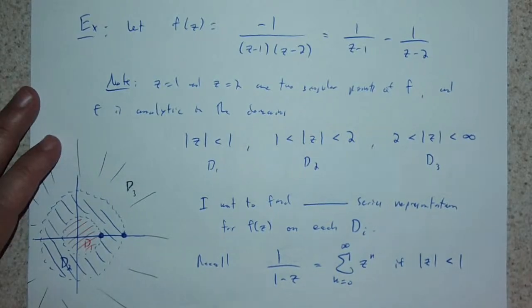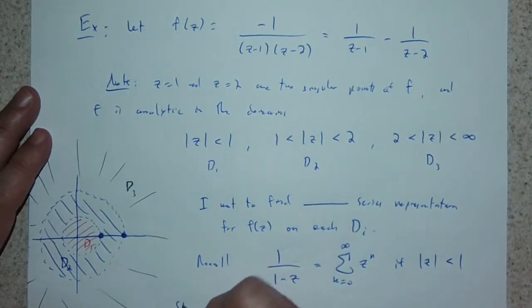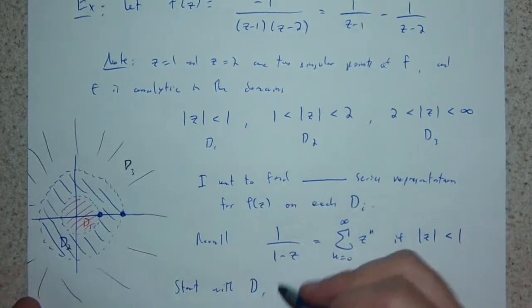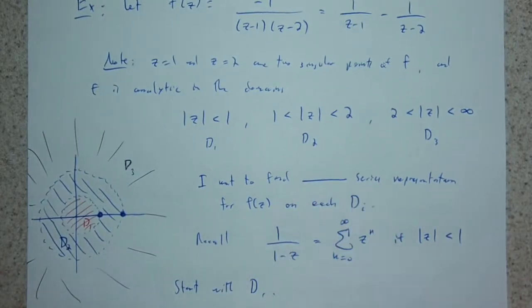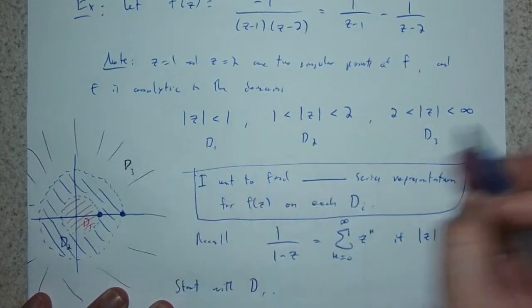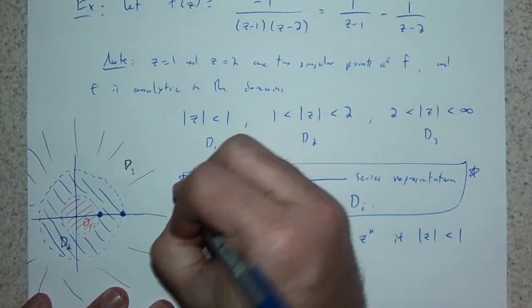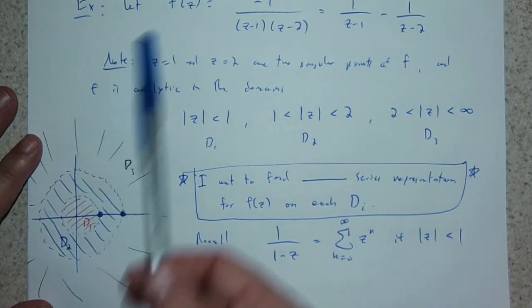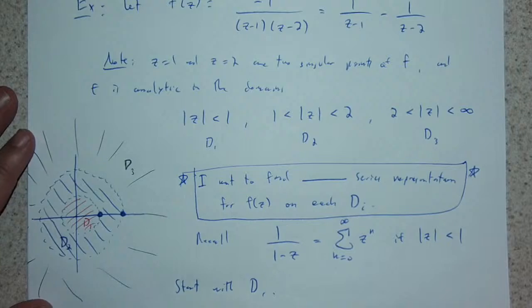All right, so let's do D1 first. So start with D1. On D1, that's this inner open disk. What kind of series representation is the thing that I want to find here. Maybe I should box this. What kind of series representation am I going to find in D1? In D1, it's analytic on everything in this open disk here.